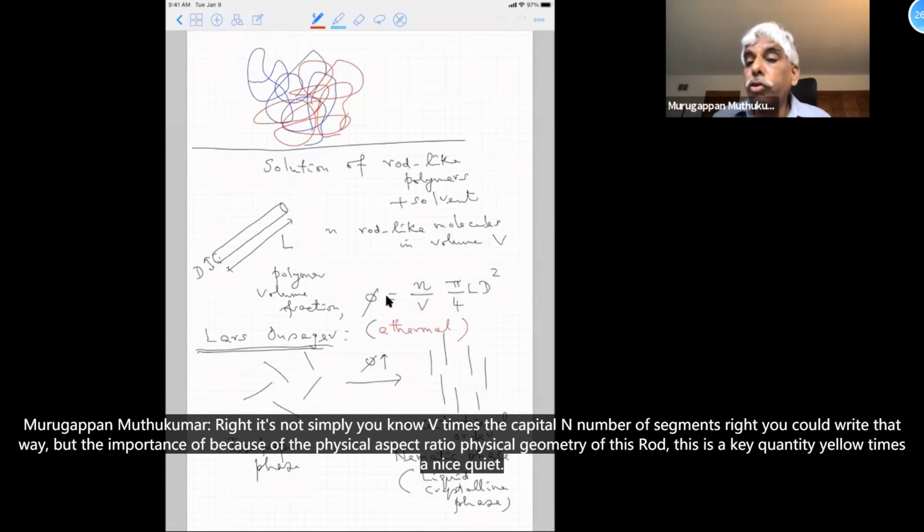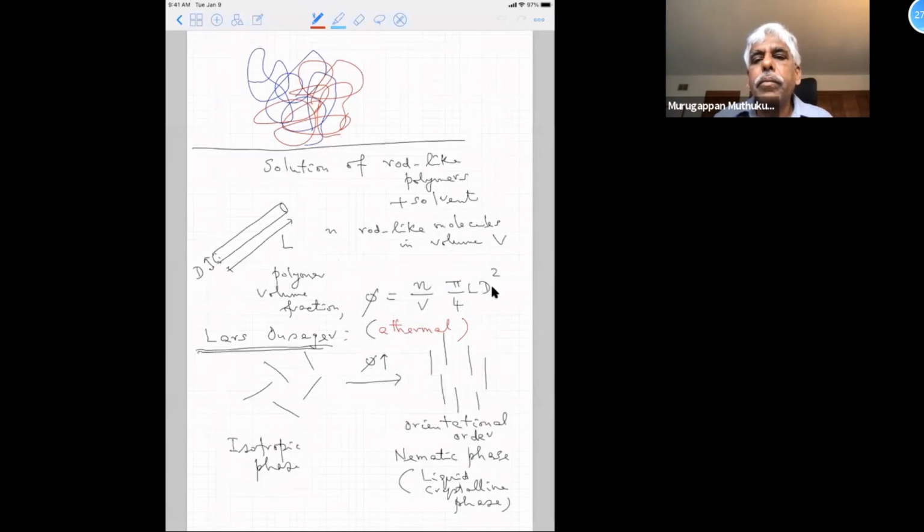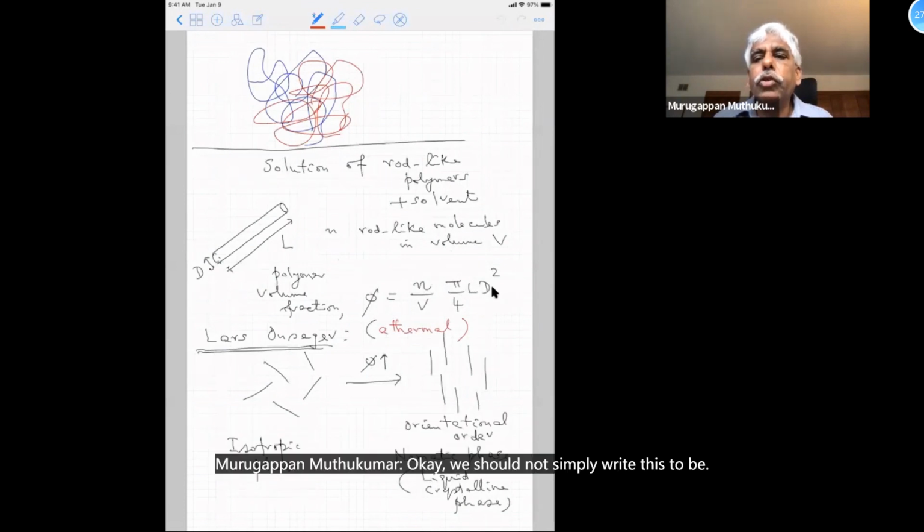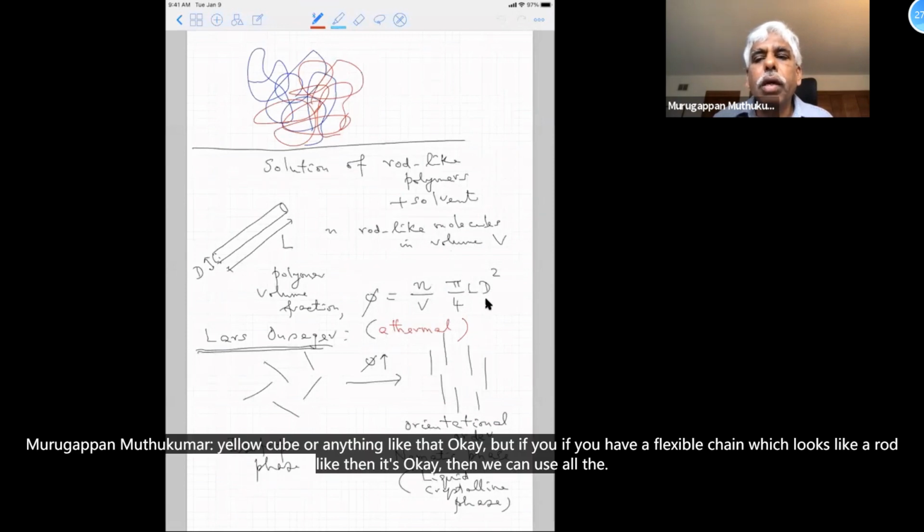You could write it that way, but because of the physical aspect ratio, the physical geometry of this rod, the key quantity is L times D squared. We should not simply write this as L cubed or anything like that.